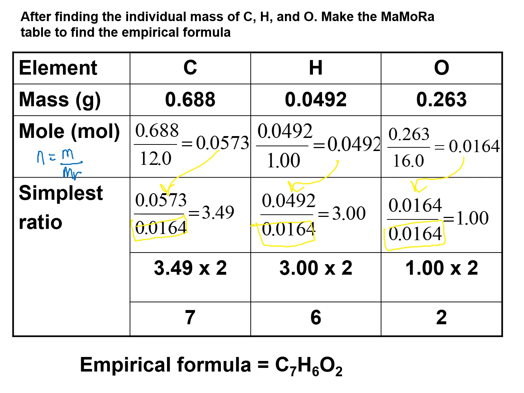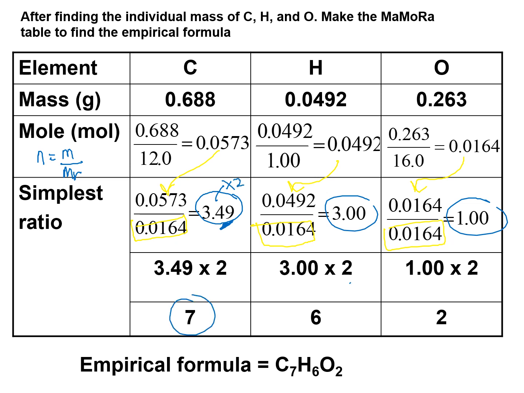Okay, selepas membuat ratio, okay, you dapati di sini you tak dapat pun nombor bulat kecuali 3, 1. Yang ni you tak dapat nombor bulat kan. Jadi apa yang you kena buat ialah you kena kalikan by a factor sampai you dapat nombor bulat. Luckily bila you kalikan dengan 2 terus dapat nombor bulat 7.